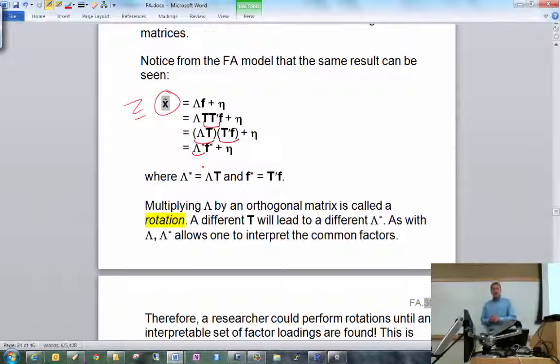And how about we call T prime times f, f star? It's just a different common factor vector. Now, through the use of this little mathematical result here, now I have different common factors. Same model in the end, different common factors.